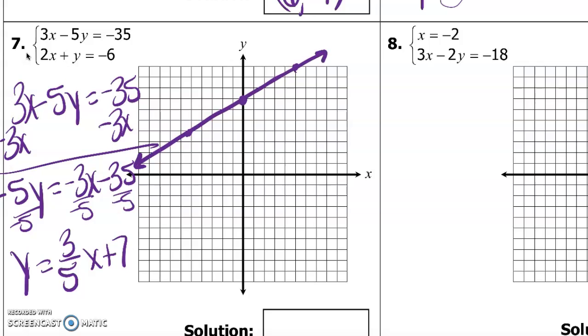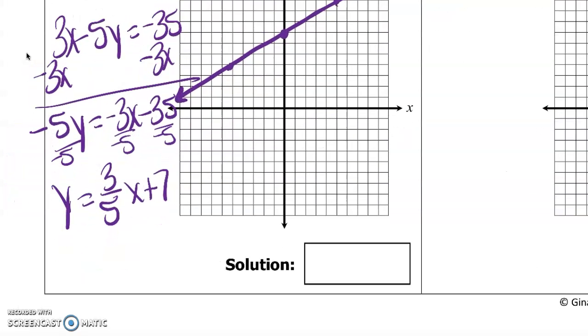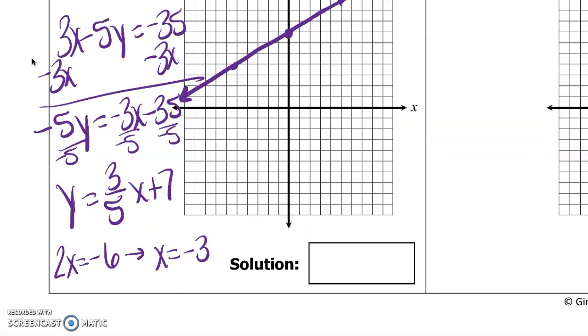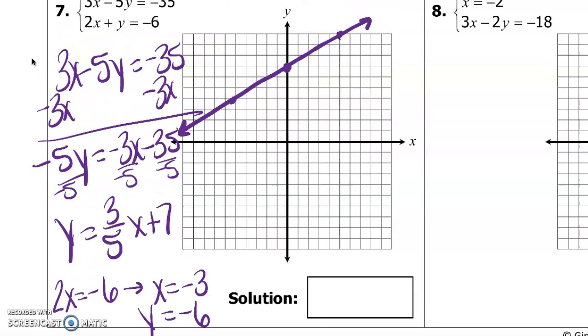The bottom one, you can use intercepts or you could solve it. If you use intercepts, you would get 2x equals negative 6. So x equals negative 3. And then when you cover up the x, you just get y equals negative 6. So if I graph that, x equals negative 3 and y equals negative 6.